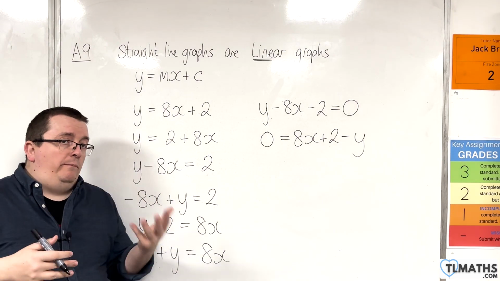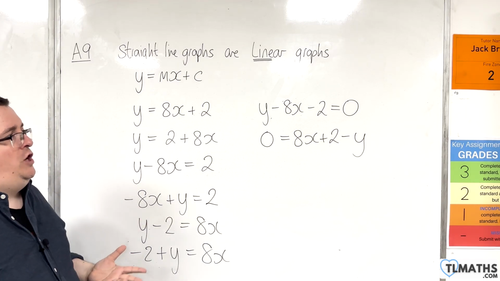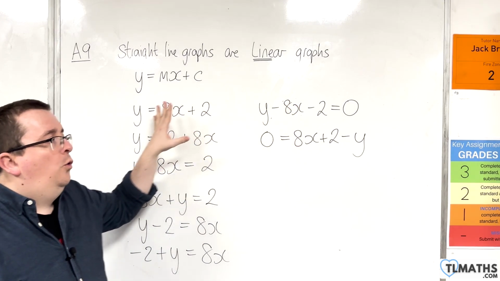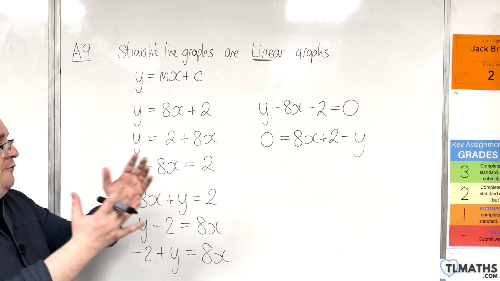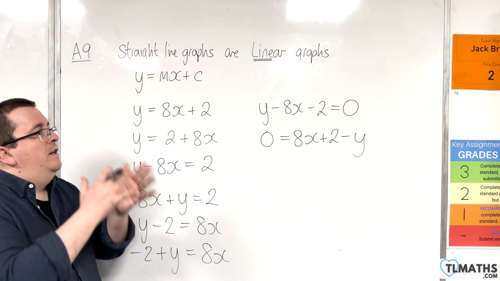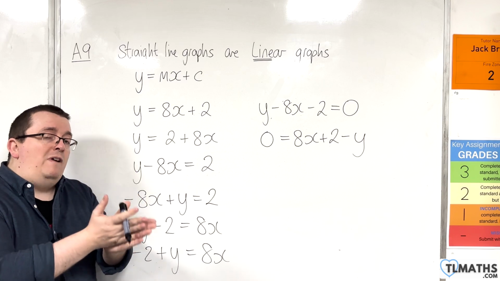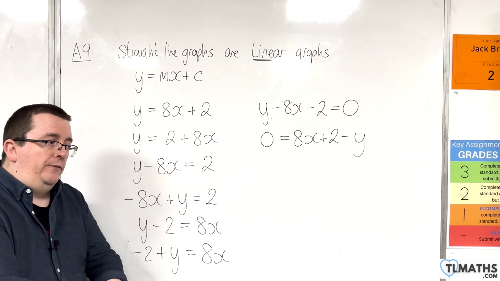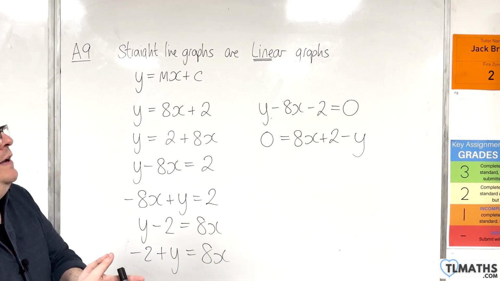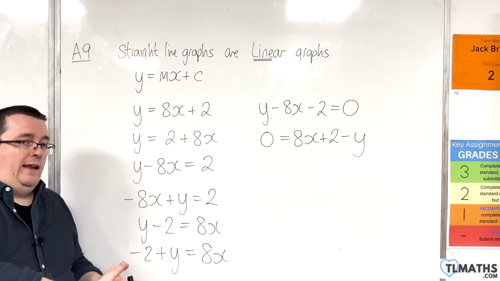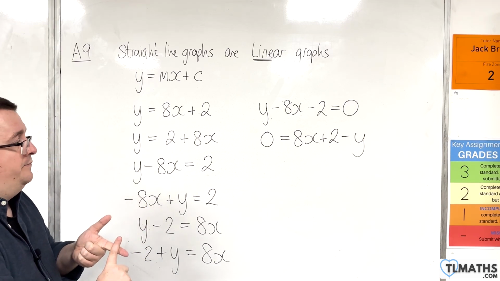So the reason why I'm manipulating this is because I want you to appreciate not just that all of these represent the same line, the same graph, but that visually these all look different, yet they all represent straight line graphs. And the reason is that in all of these cases, you have one x, one y.